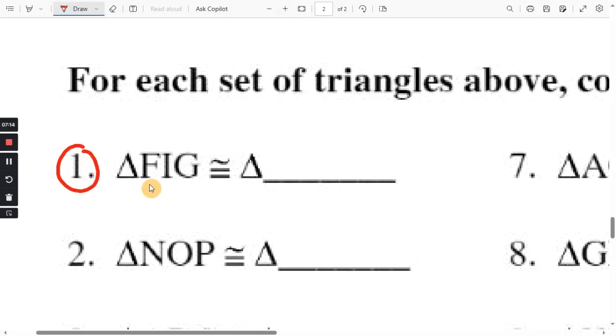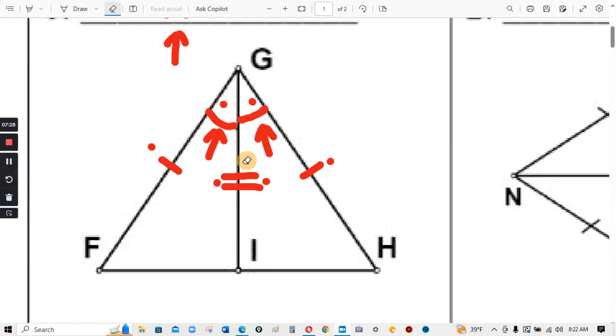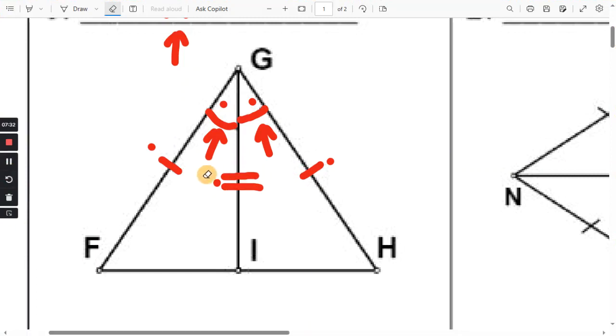They start with FIG. So let's go to the diagram for number 1 and trace FIG. Let's check it out. I'm going to erase this mess here other than the one I marked congruent in the middle. I want to keep that. Let's erase this mess here.